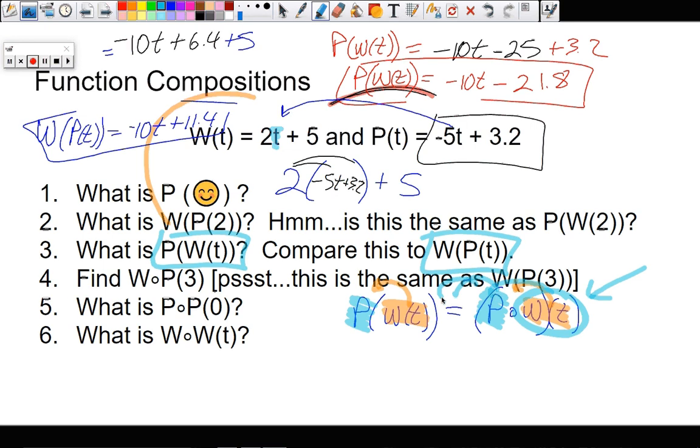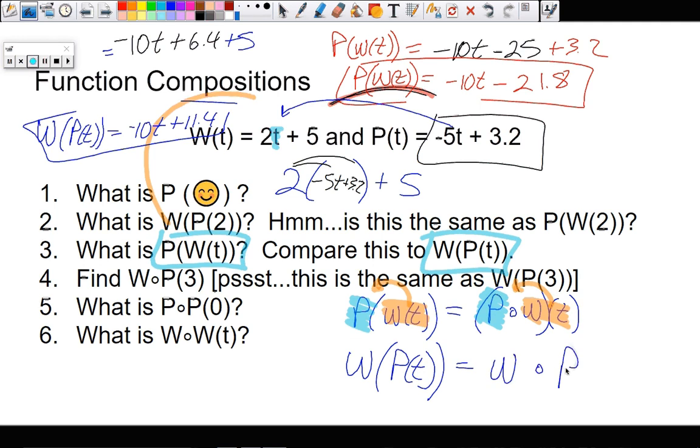And the one that would be W of P of t would be the same as W of P of t. Guys, you heard me say it. What word am I saying with this lowercase little o? Of. You're not multiplying, it's just the process of order. Okay? Questions?